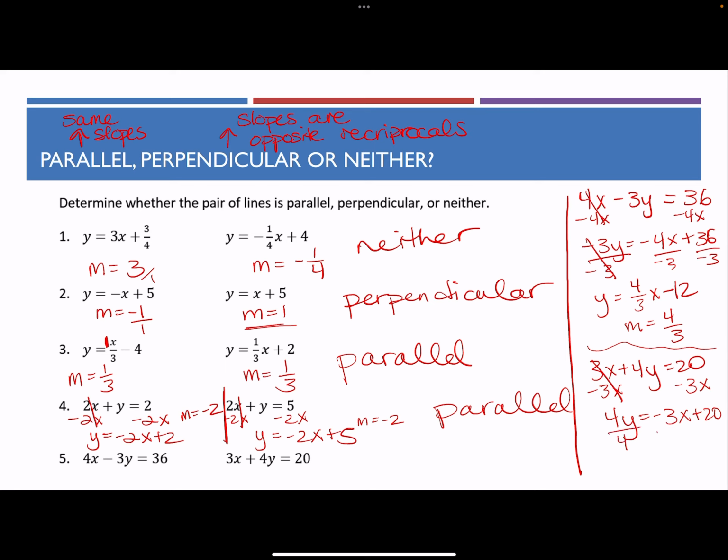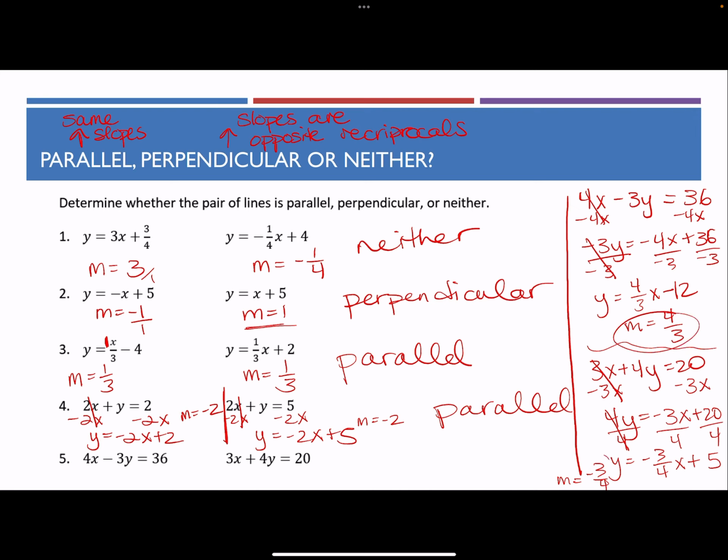Get y by itself, so you got to divide both sides by 4. And I have y is equal to negative 3 over 4x plus 5. Right? So the slope here is negative 3 over 4.